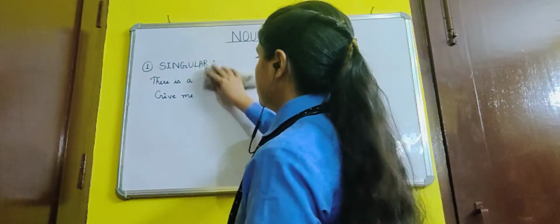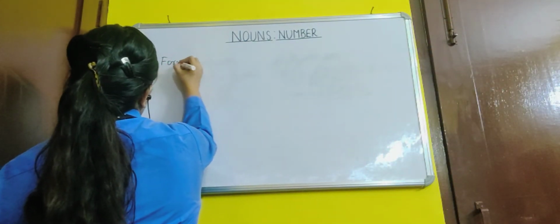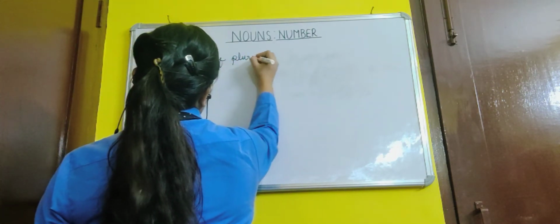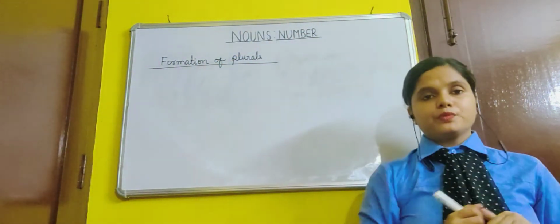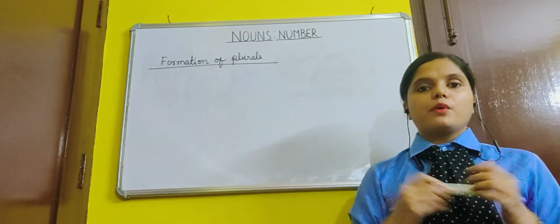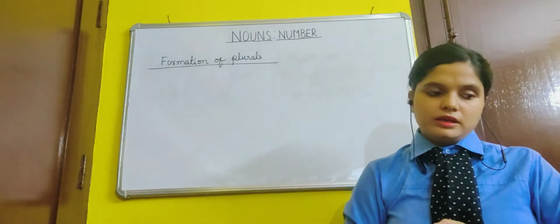There are so many rules to change the noun into plural. So now we will learn the formation of plural. As you already saw in the examples, the first and basic rule is we put s in the noun and we make the plural form.